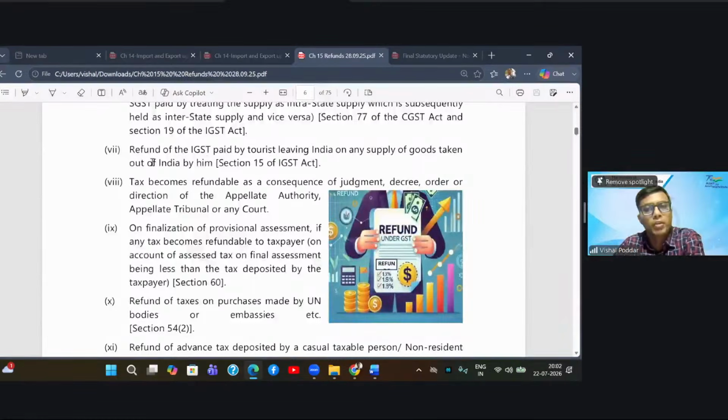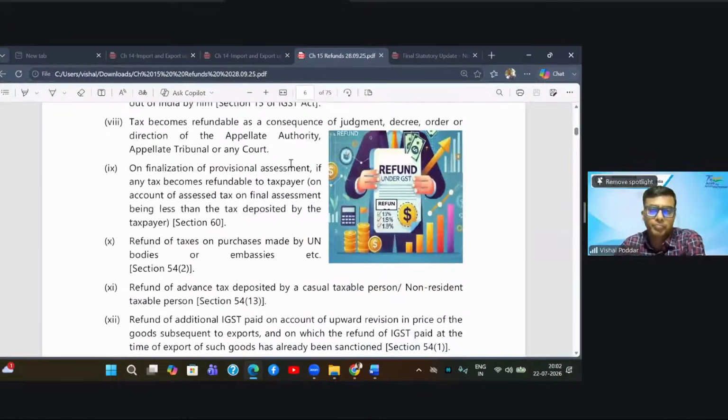Next, another scenario of refund is refund of GST paid by a tourist who is leaving India, on supply of goods taken out of India by him. So if, let us say, there is a foreign tourist who is buying something in India and later on is taking those goods outside India whenever the tourist leaves India, then at the airport, the tourist should produce the invoices and take the refund from there.